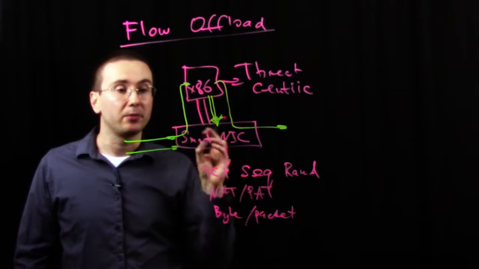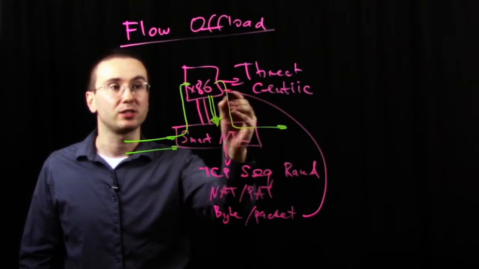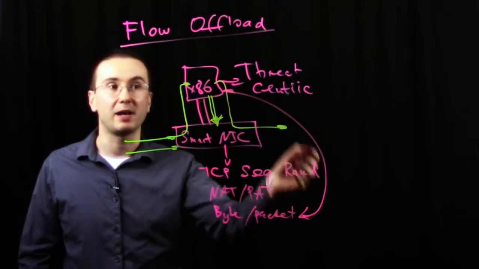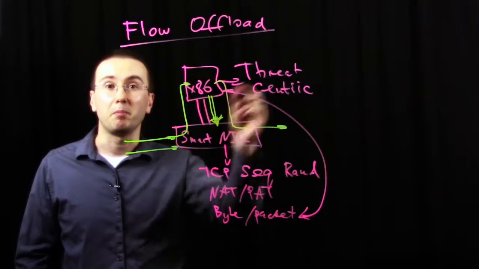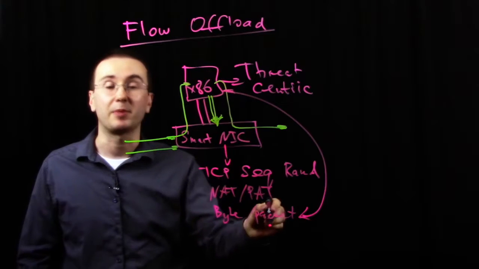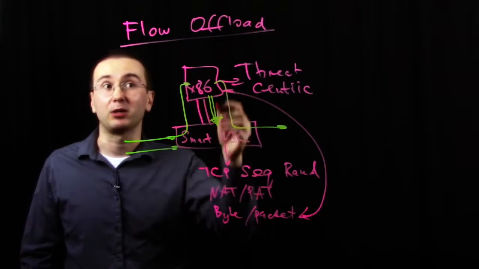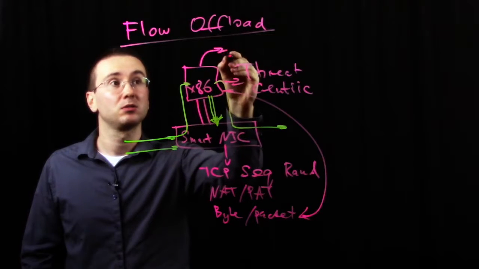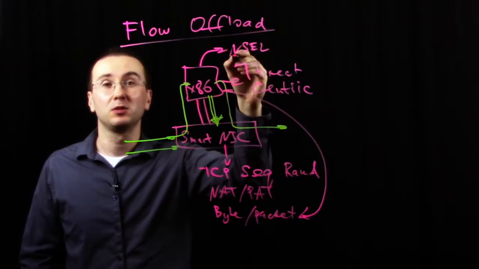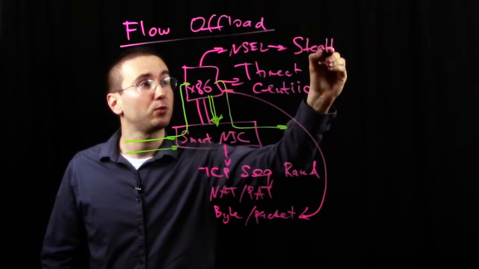And another really cool thing here is that it will continuously update this information, the stateful record with bytes and packets, to the main threat-centric engine. So it can know what is happening with the flow at any given point in time, and if necessary, it can also send out NSEL updates, NetFlow, secure event logging, which could be consumed by Cisco StealthWatch.